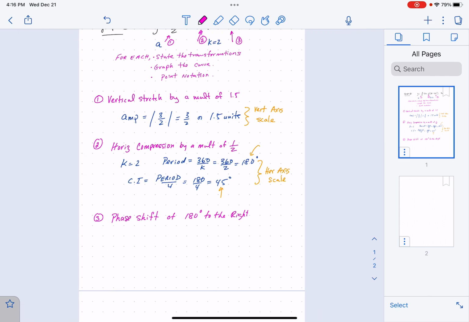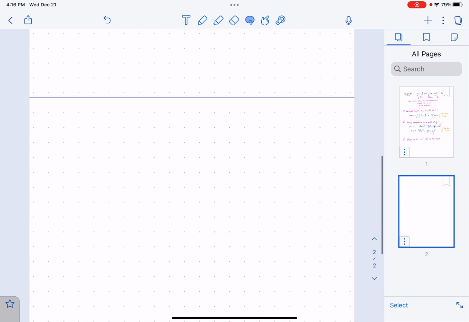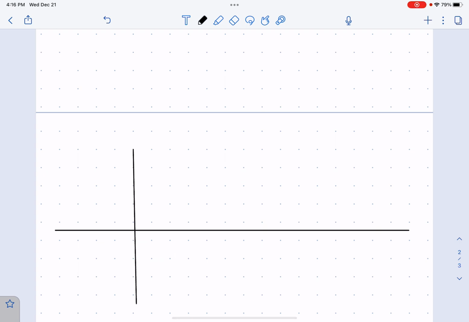That's not a problem. Okay, so what's going to happen here is I'm going to take this information and sketch it for one cycle. So the first thing I'm going to do is make my axes. And so my axes are boom and boom. And I know I want to go up 1, 2, 3, 4.